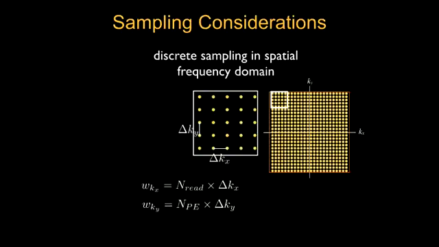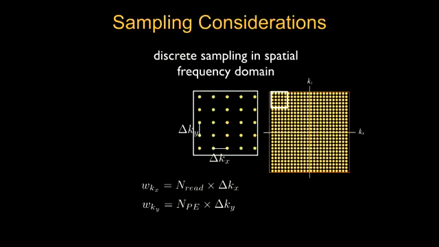The distance is delta ky, and how many points you acquire times delta kx will be Wkx, and how many points you acquire in the phase encoding direction times delta ky will be Wky.